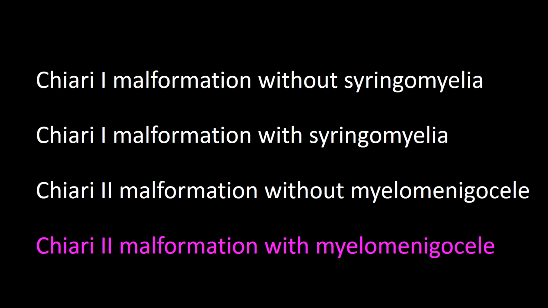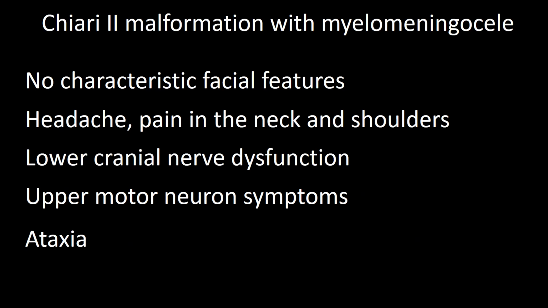The fourth condition we will be referring to in this group is Chiari type 2 malformation with myelomeningocele. Patients with Chiari type 2 malformation with myelomeningocele present with all the pathology found in patients with Chiari type 2 malformation without myelomeningocele.